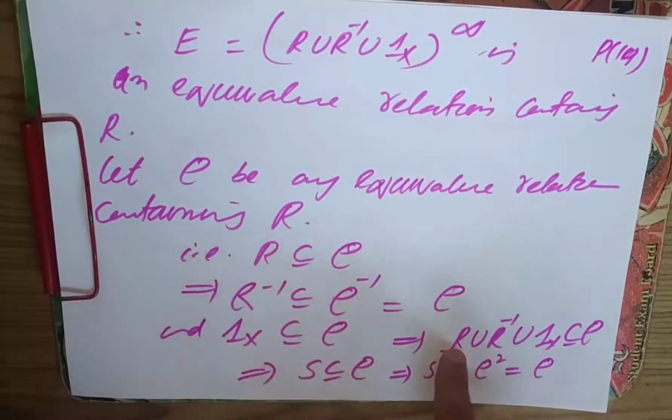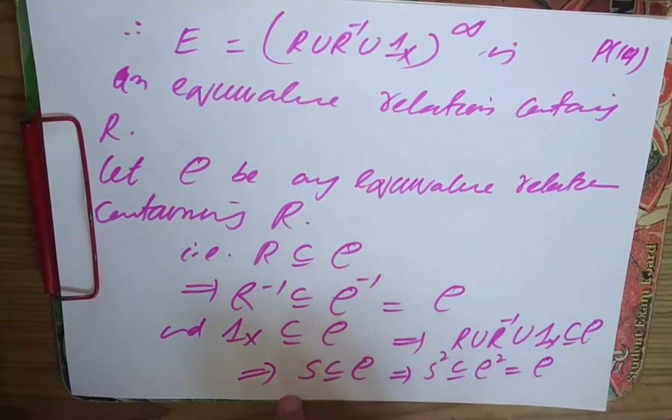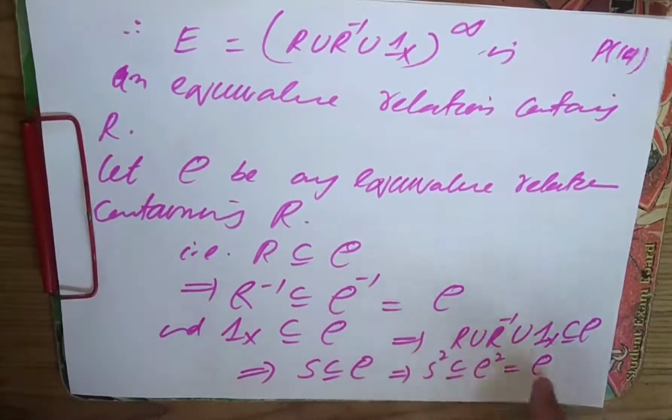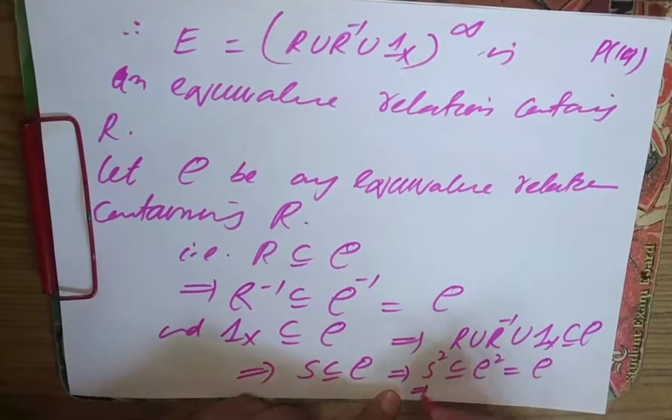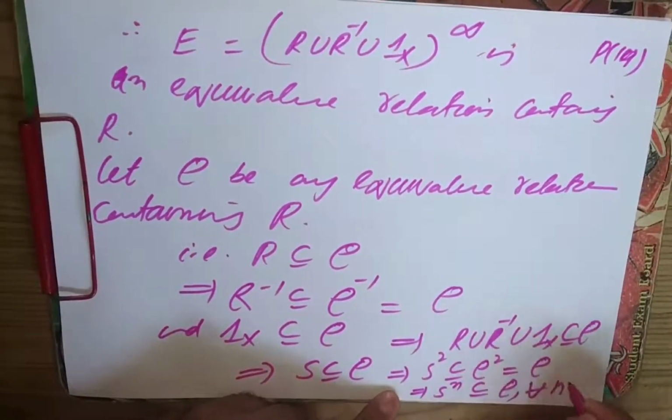So R union R inverse union Ix is a subset of rho, which implies S is a subset of rho. Then S square will be a subset of rho square, and rho is transitive, therefore rho square is the same as rho. So in general we have Sn subset of rho for all n greater or equal to 1.